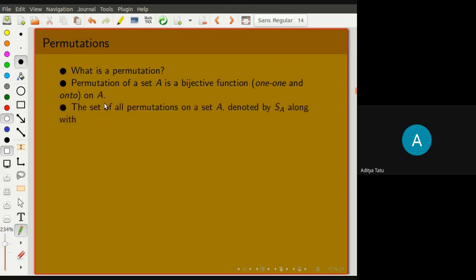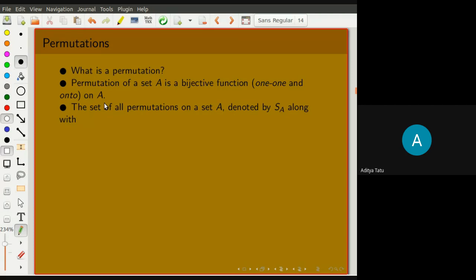Now the obvious question is, if I consider the set of all permutations on a particular set A, eventually I want to see if this is a group. Please be careful here. One permutation is represented by one function, a different permutation by a different function.